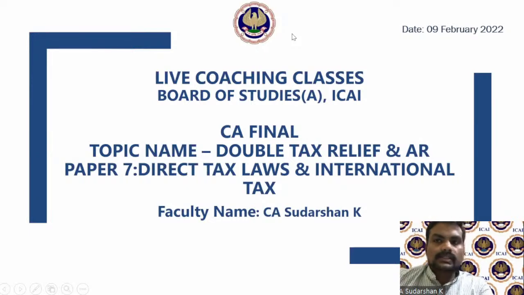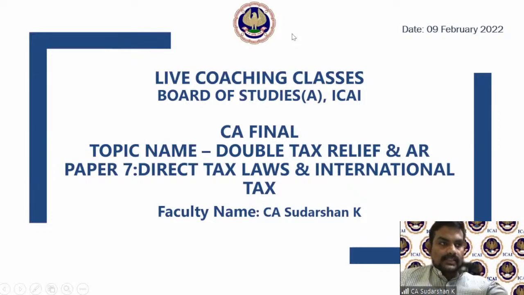Now, as always, before I move ahead with today's agenda and session, I think it'd be apt if we have a quick recap of what we did the other day. Because we essentially covered the balance aspects that pertain to taxation of non-residents from a domestic law perspective.